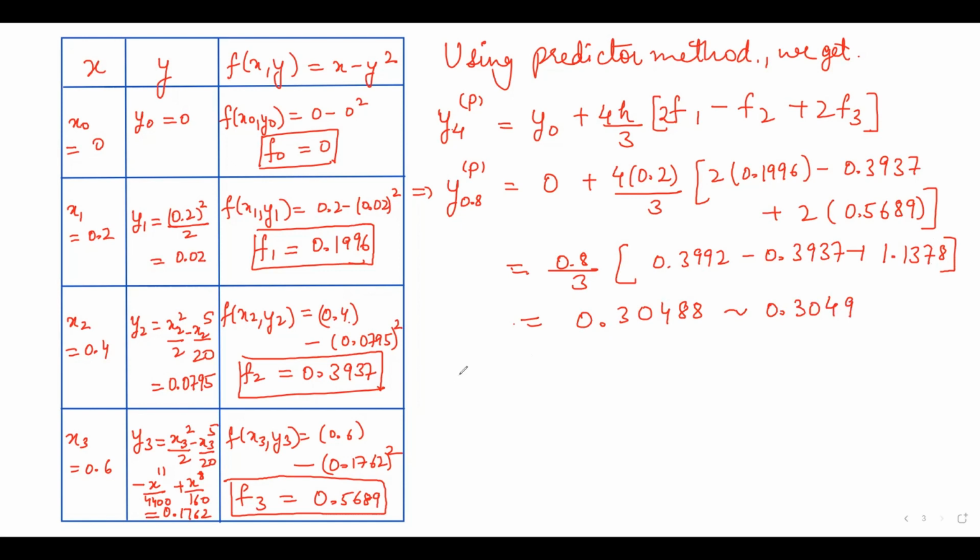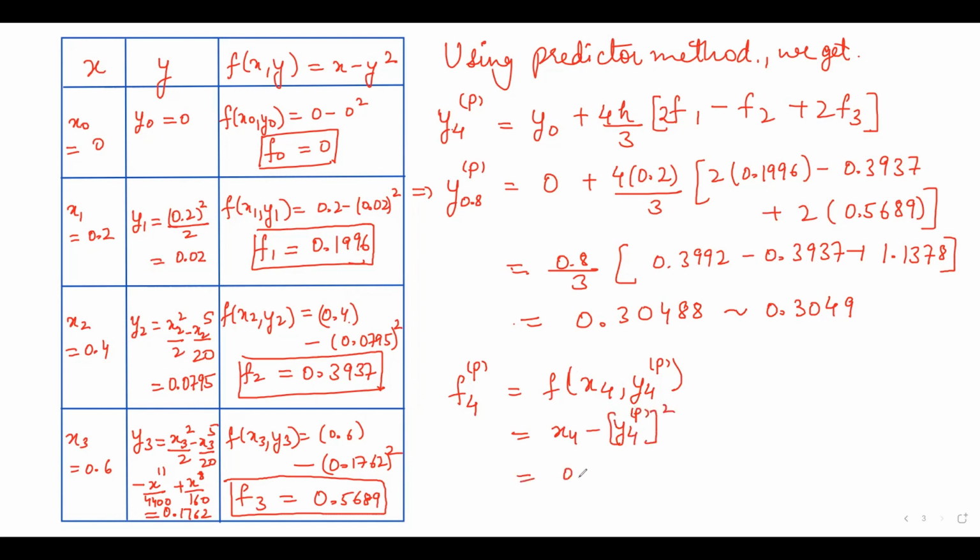Now I'll be calculating the f4 at the predicted value. So that means I'm calculating f of x4, y4 predicted value. So the value of f at x4 and y4 would be x4 minus y4 predicted value whole square.